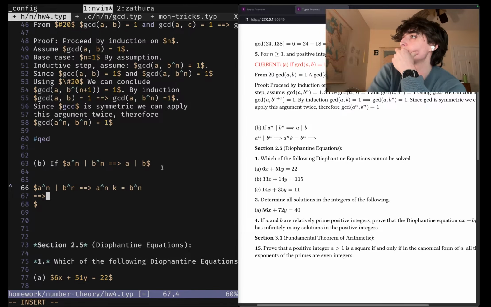It's probably not very helpful, but because we've seen so much GCD stuff, my first thought is to express these conditions of divisibility into something relating to the GCD, right?